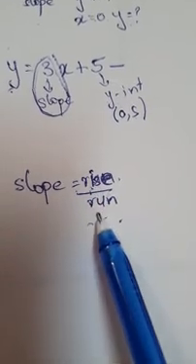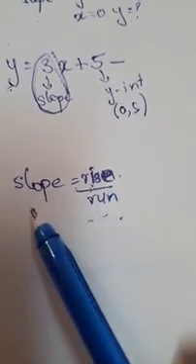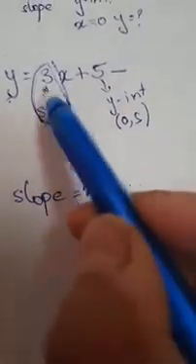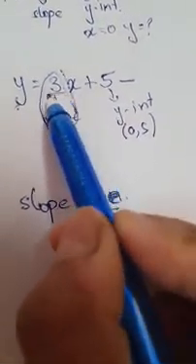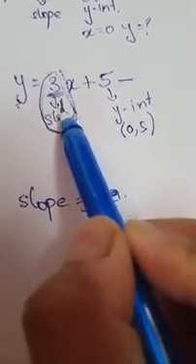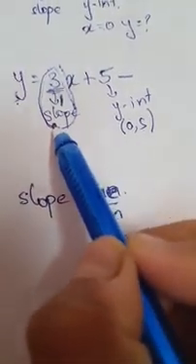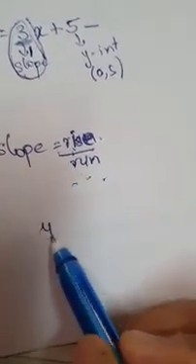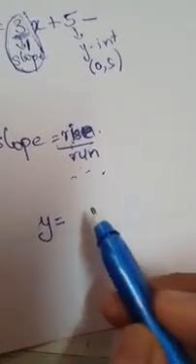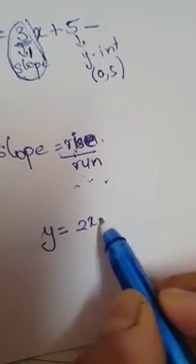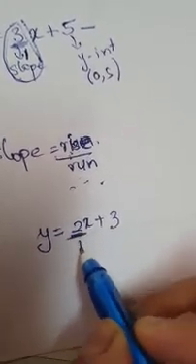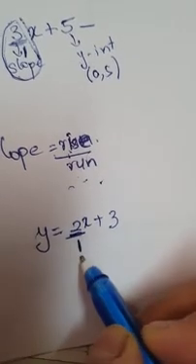I will tell you what is rise over run, but before that let's see what this slope has to do with rise over run. Always when the slope is given to you, there is an invisible one below. Whenever you get an equation with the slope, for example, if you have y is equal to 2x plus 3, always there is an invisible one under the number.